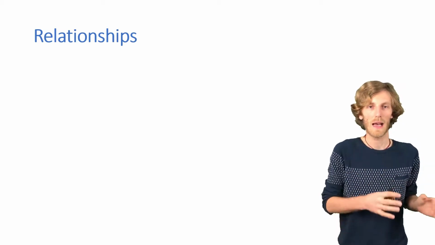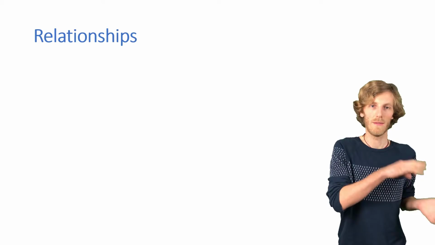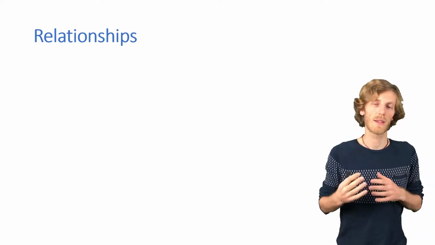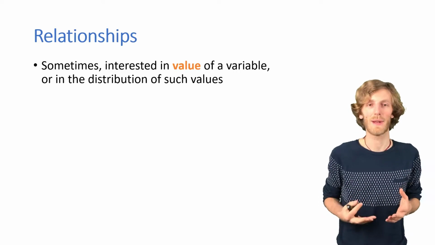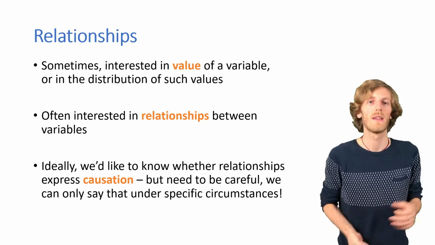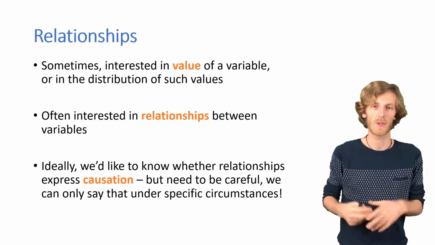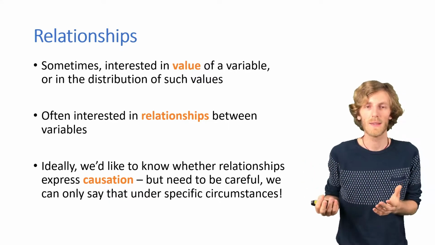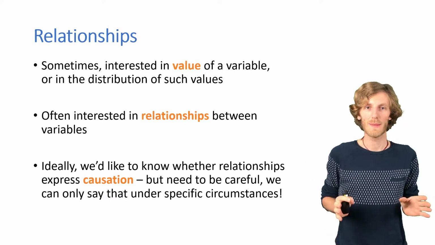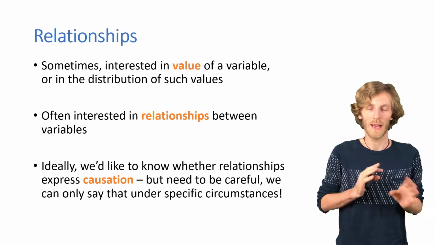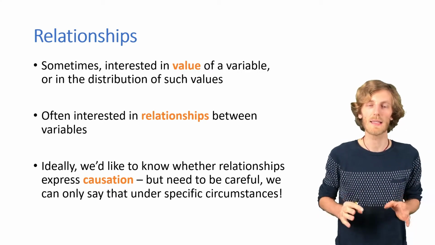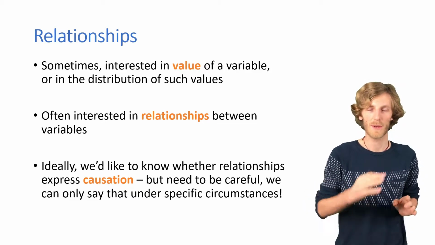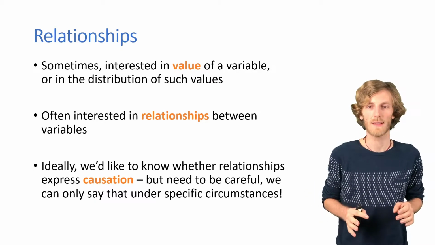So how are high or low values of one variable associated with high or low values in another variable? Ideally, we'd like to know about causation. So does high income drive high health, for example? Quite often we're unable to do that. We are not able to do that just by observing associations in the data. So that's something to be careful about, and we'll approach that throughout the course.